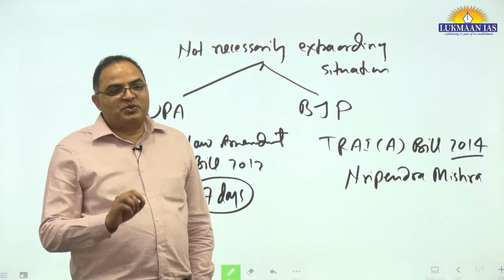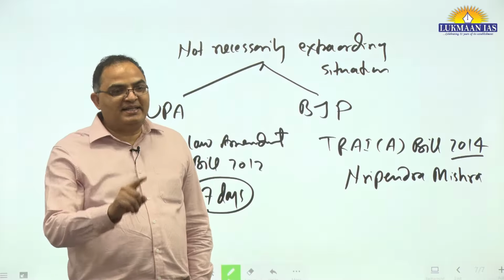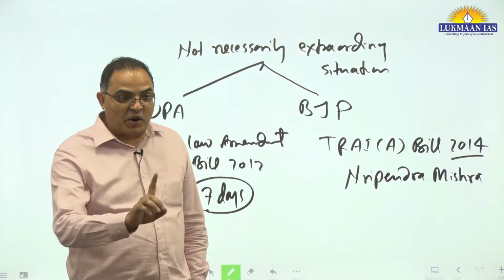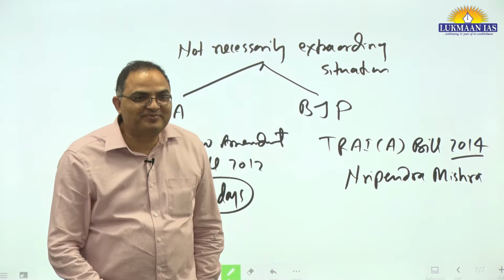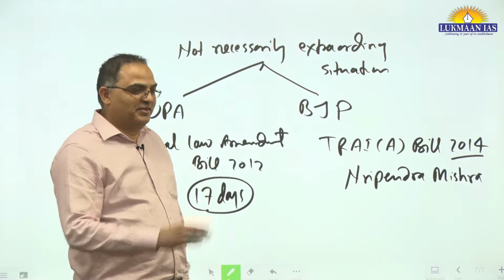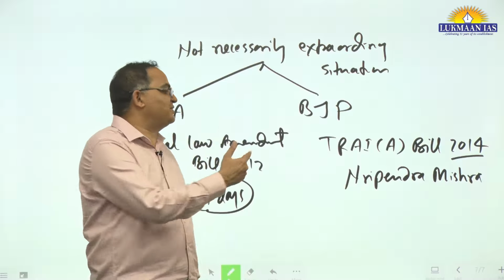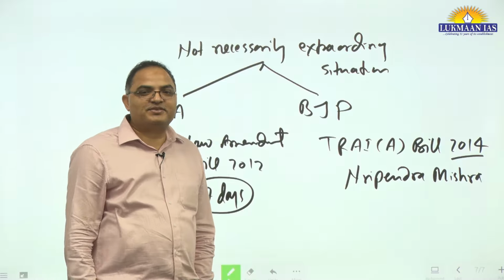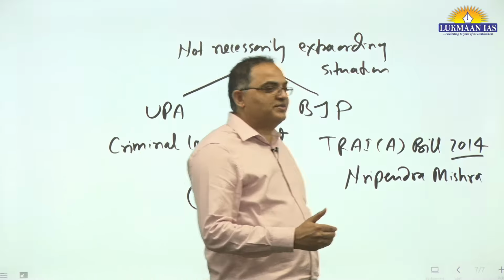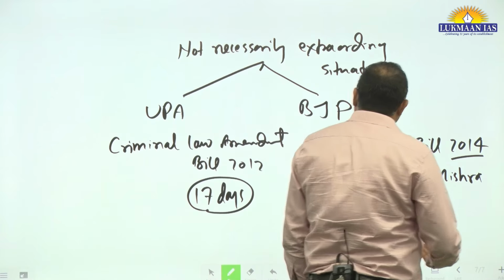Try amendment. You should know that the present government started its inning by an ordinance. The first law made by the BJP government was this ordinance. Why this ordinance? Very interesting story.